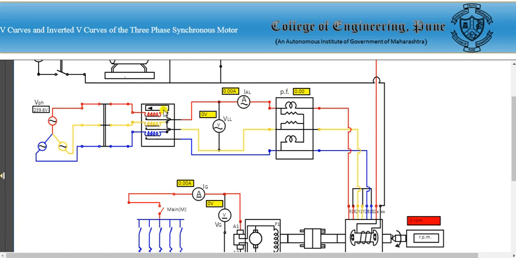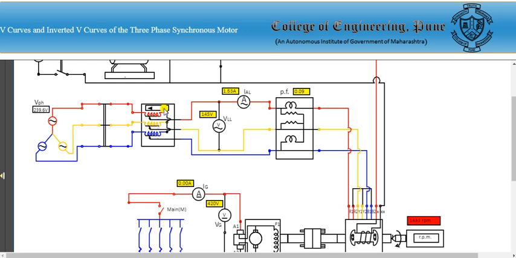Now increase the level of voltage from here using this auto transformer. Now the voltage is increasing gradually. You have to keep increasing the voltage until it reaches the rated voltage of 415 volt.